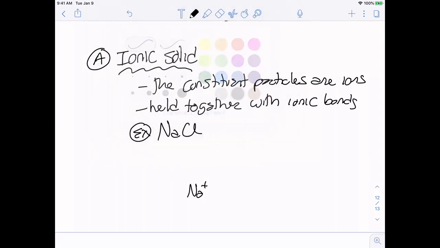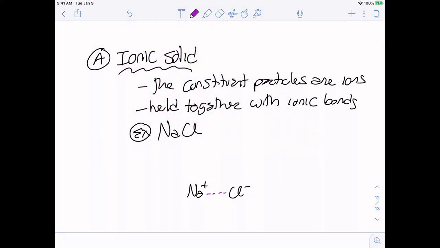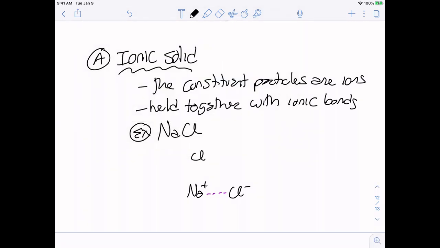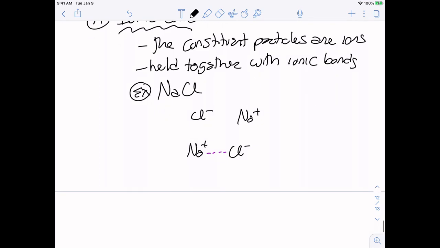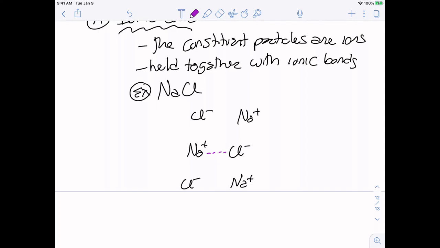It probably has a distinct pattern, I just am not looking for that level of detail. But each sodium, let's actually draw a couple, is surrounded by and bonded to many chlorine. And then each chlorine is surrounded by and bonded to many sodium. So these guys all have opposite charges, so they're all attracted to each other.